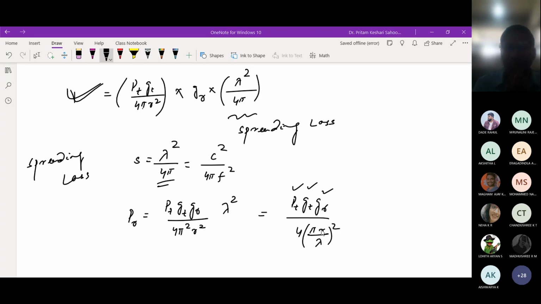Any mistake we have done here? Oh, correct, correct. We have 4 here. There are two 4s, this 4 and this 4, so it will be 4 pi r square of this.